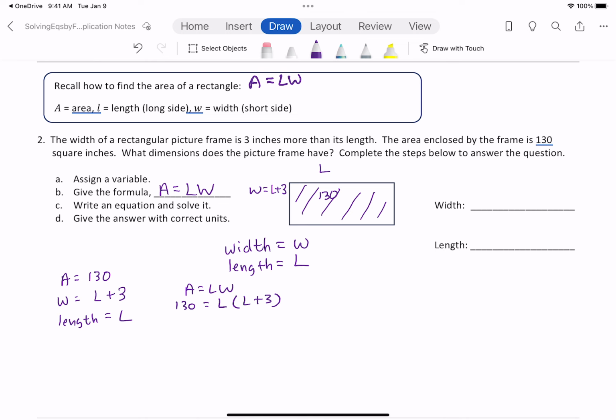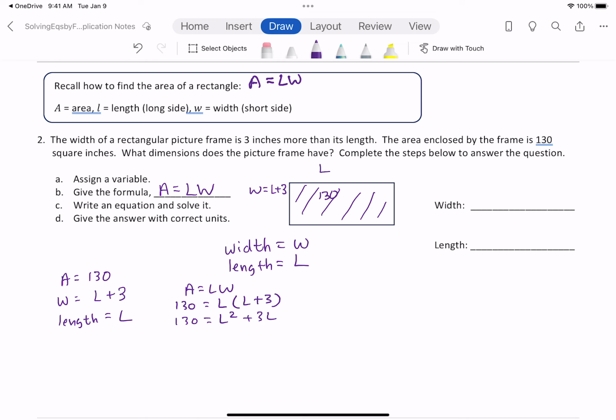So what we've got here is an equation again. We're going to need to do 2 things. First, I need to distribute on that right hand side. L times L is L squared, and L times 3 is 3L.